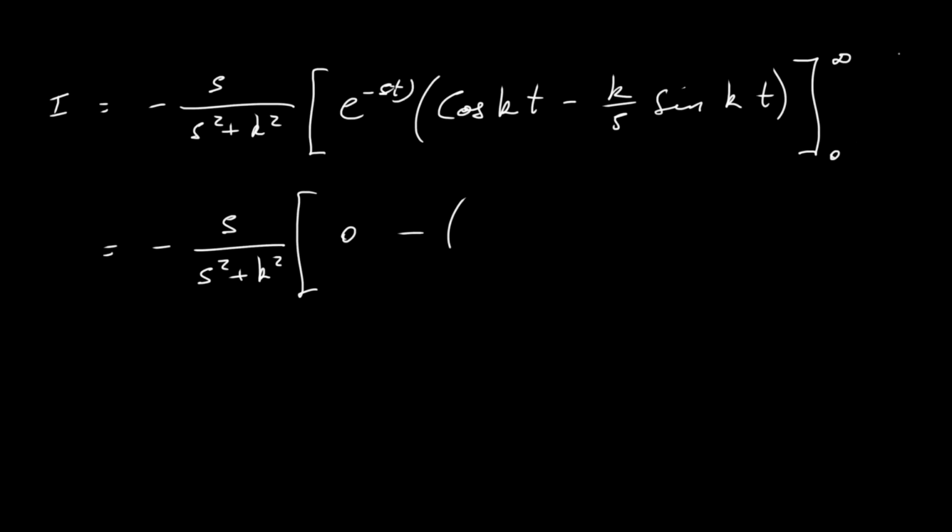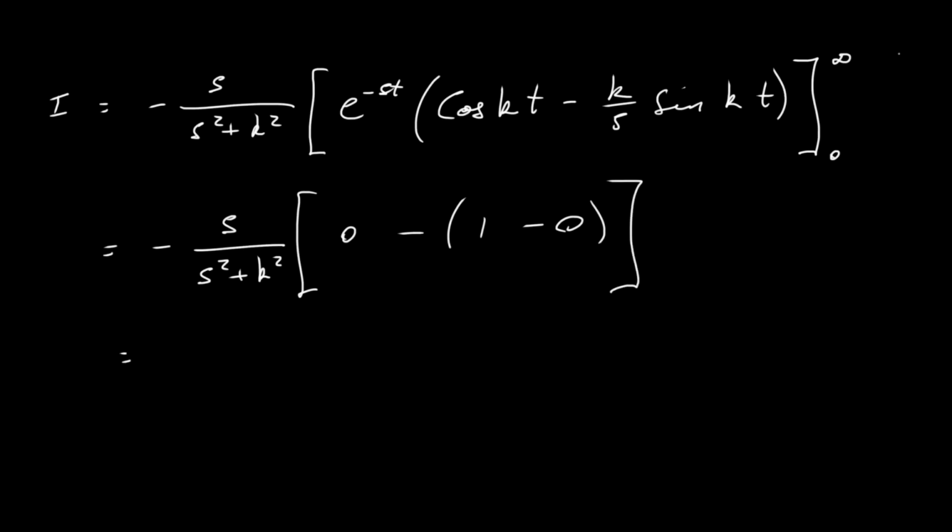So if we put in 0 here into t, we will just get e to the power of 0, which is 1. The cos of 0 here is just 1 as well, so it's 1 times 1. And the sine of 0 is 0, so this will just go to 0. So we'll have 1 times 1, which is 1. And if you like, the minus 0 for the sine of 0.